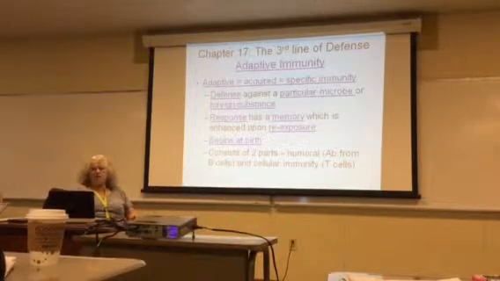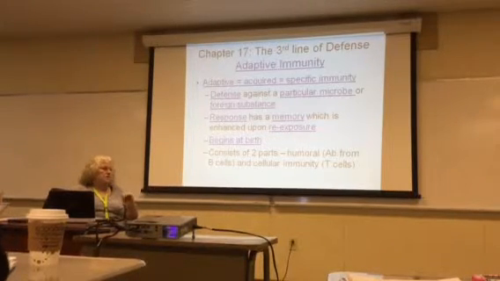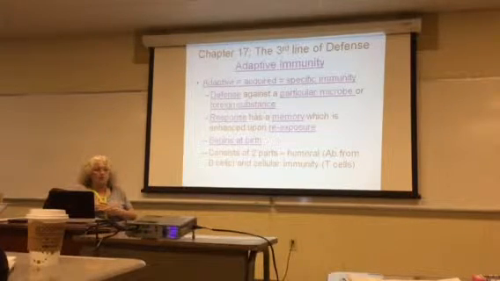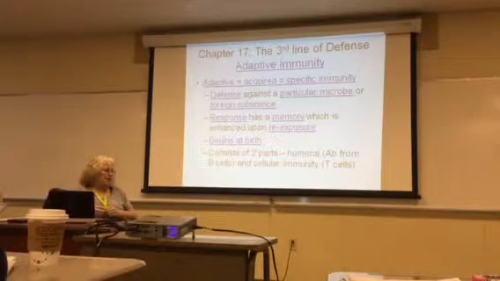So this adaptive, or you could say acquired, immunity develops after you've been born. For the first 6 months, you have some sort of immunity from your mother, and then after that, that goes away. After you're born, you start acquiring your immune system depending on what you might be exposed to.